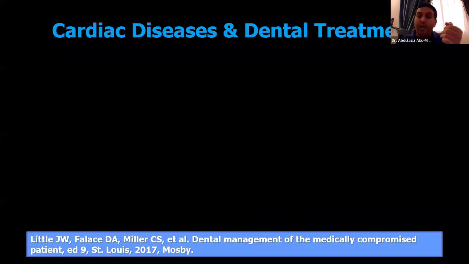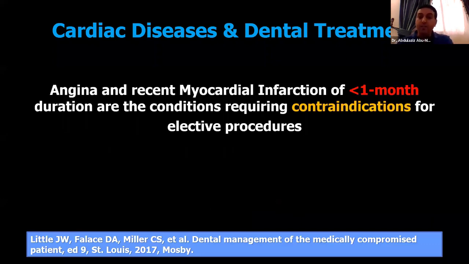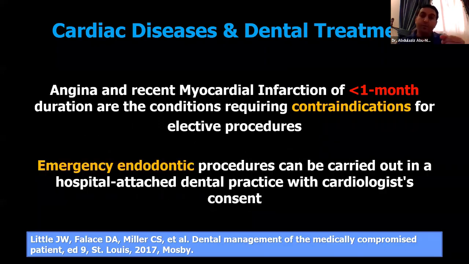Now, where we have a problem is angina, or someone who has had a myocardial infarction less than a month ago. That's unstable. If you want to treat this patient, you need a hospital base if they need an emergency. Going from 1 month to 3 months is still semi-stable.